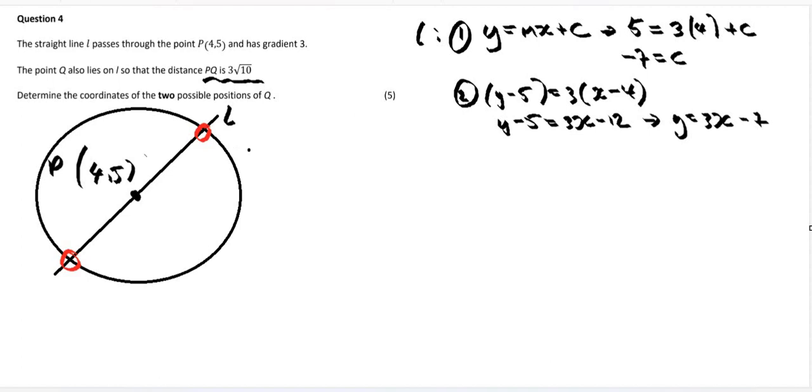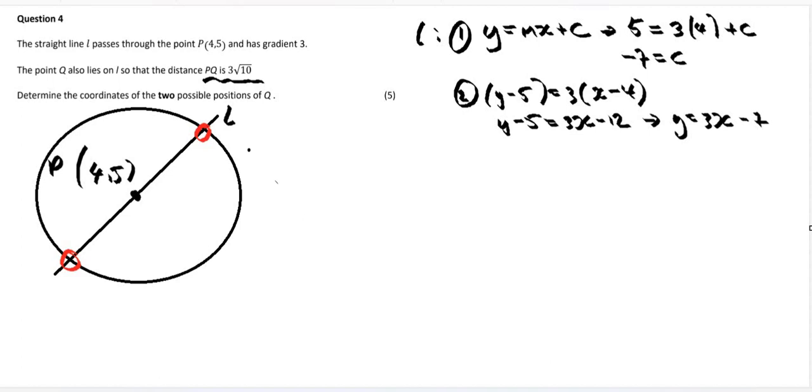Now we have to go from P to one of our points of Q. So what are we going to do? So we need to go by 4 in one direction and 5 in the other.